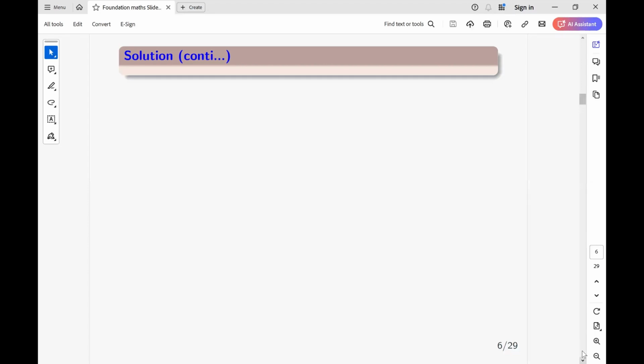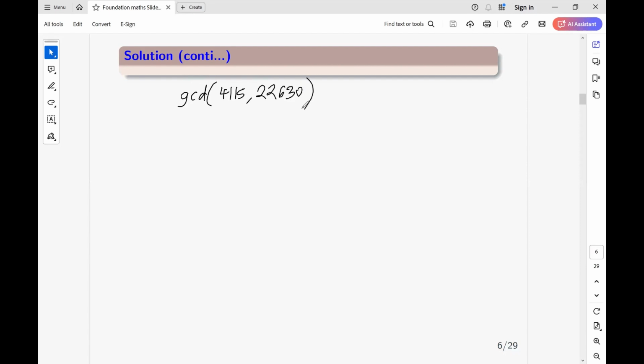We're now using the Euclidean algorithm to compute the GCD of these two numbers. Let me write them down. The two numbers are 4,115 and the second one is 22,630.